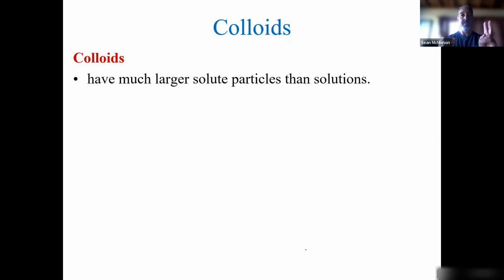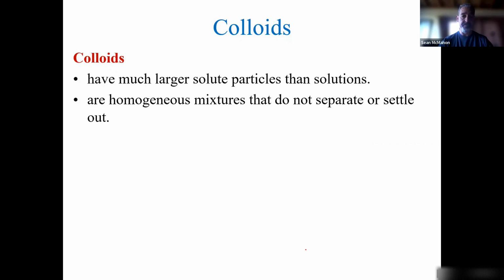You can think of them as macromolecules rather than just small little molecules, like your lipids, your DNA. They're a little bit larger. Now, it's still a homogeneous mixture. There's no settling. Typically colloids, because they're homogeneous, are uniform throughout. It's just that the particles are bigger.